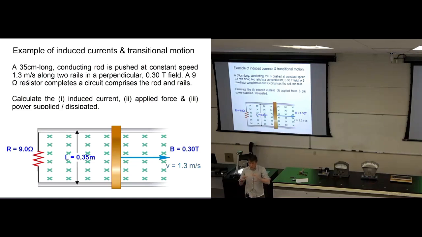So that's the second part of the problem, and it really is a detail about understanding how this generator will work. The third part of the problem comes back to our use. Why do we use generators? We use generators to turn energy of motion into electrical energy, and we're going to find out how much energy of motion, power, we put into this arrangement.